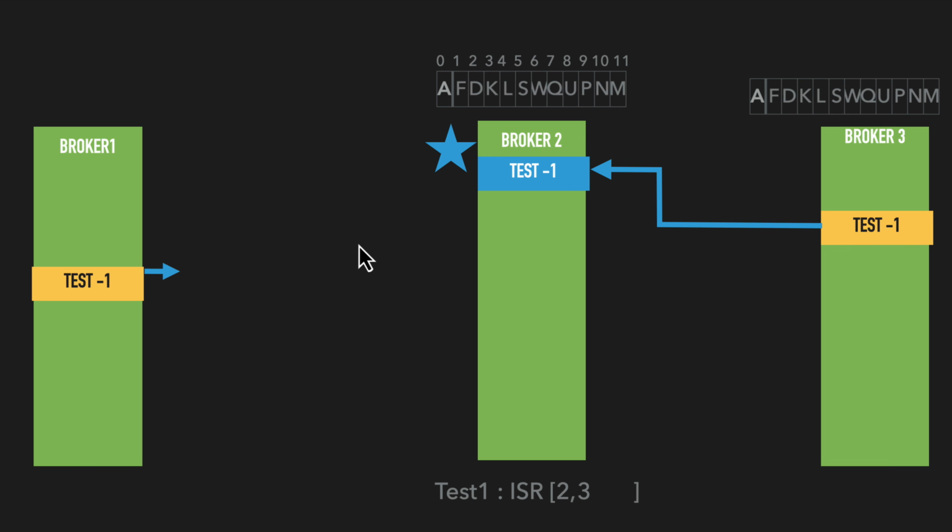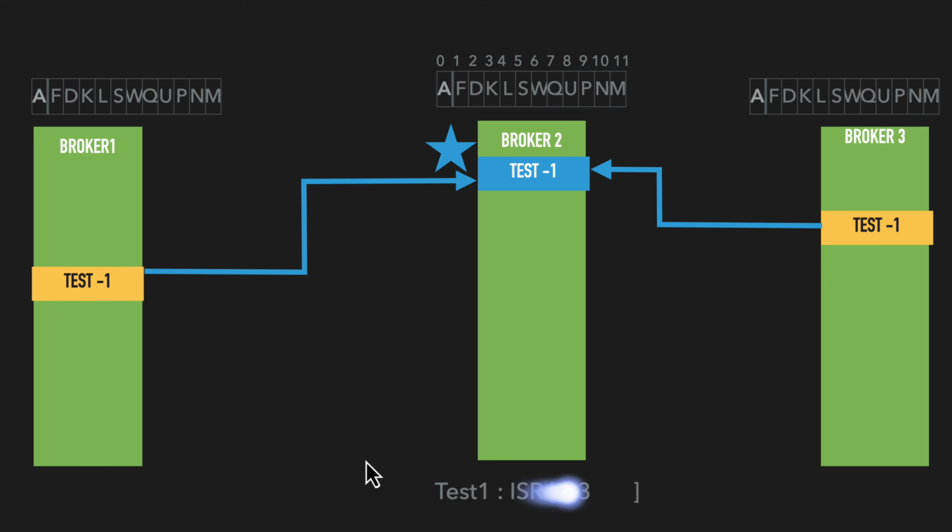Likewise, if broker 1 is trying to catch up with test 1 and copy all the data within a lag of 10 seconds, then we can also consider broker 1 in the ISR list. Okay, so this is how broker 2, where the leader partition of test 1 exists, maintains the ISR list.